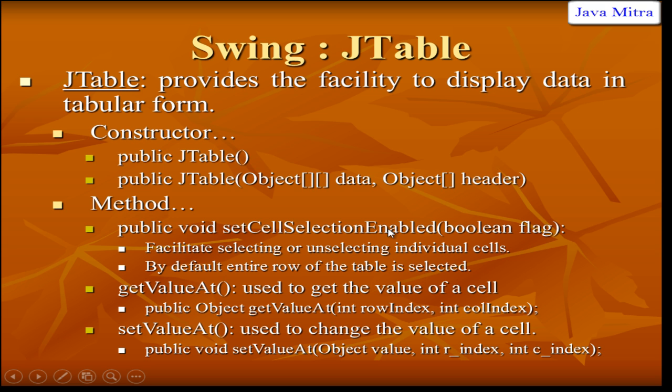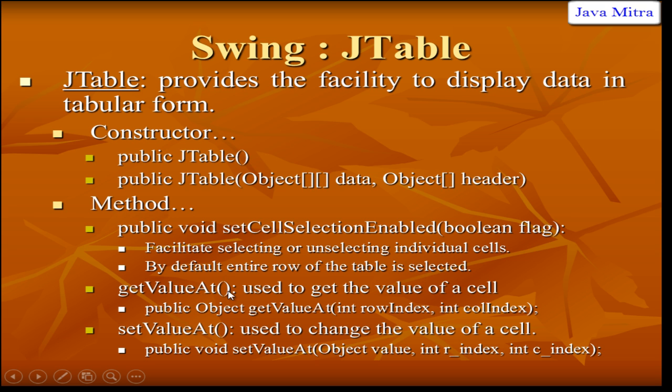By default, we can select a particular row, but with the help of this setCellSelectionEnabled method, we can enable our table so that we can select a particular cell. getValueAt and setValueAt can be used to get or set the value in a table at a particular row index and column index.